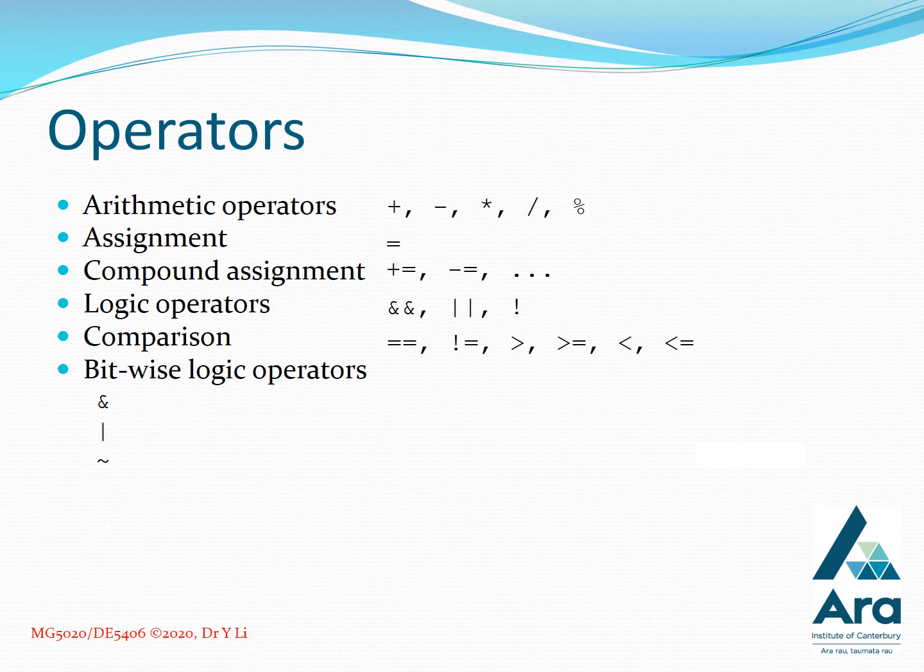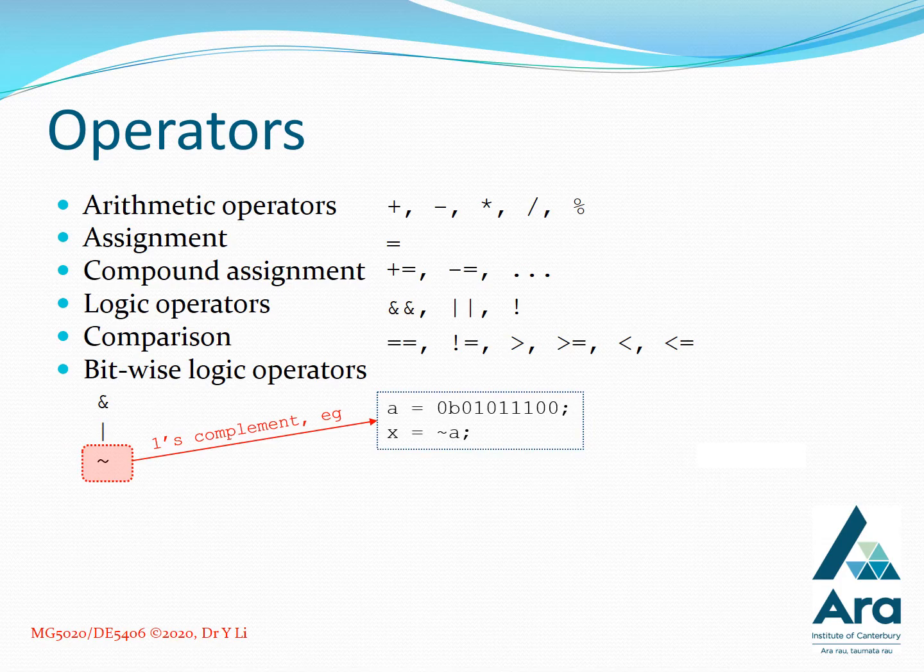The next bitwise operator is ones complement. The symbol we use is a tilde. The ones complement is an operation on only one variable. For example, a is holding a value, and then we take the ones complement of a, and the value will be assigned to x.